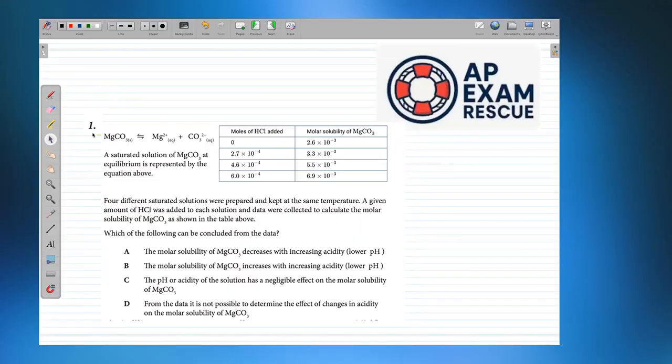Okay, so magnesium carbonate has changed into magnesium 2 plus and carbonate 2 minus, right? The dissolution of magnesium carbonate at equilibrium is represented by the equation above. 4 different saturated solutions were prepared and kept at the same temperature.